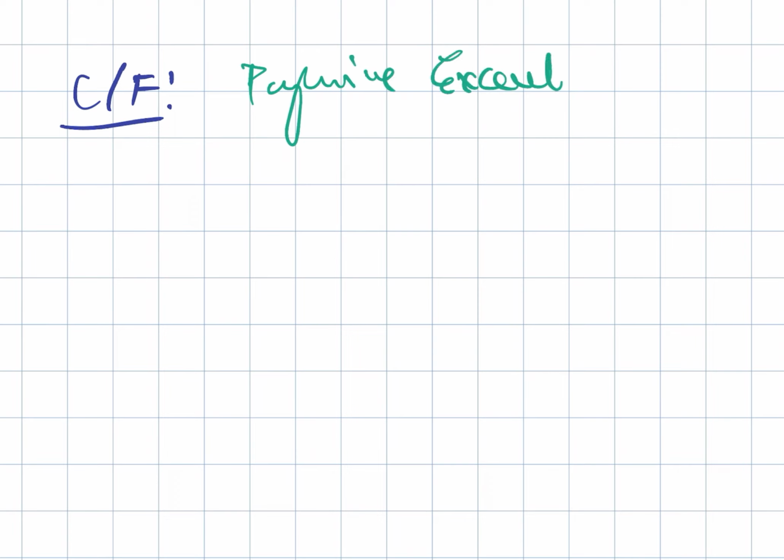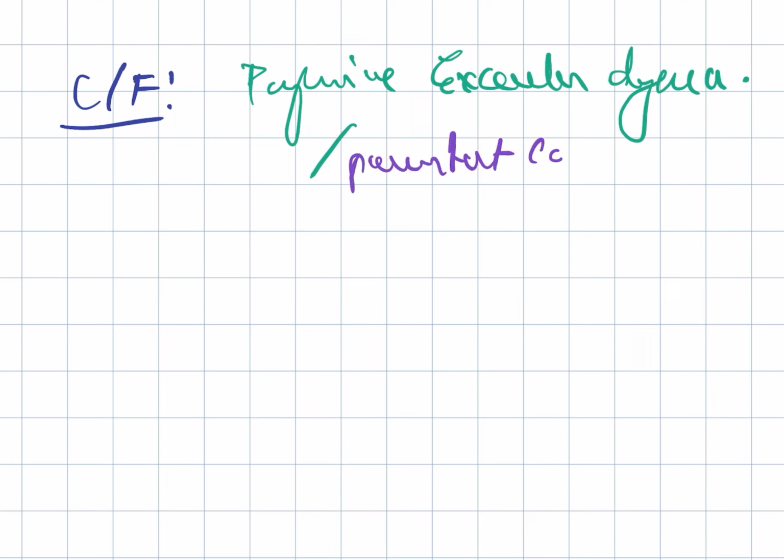Next, we are going to look at the clinical features or the clinical presentations. It includes the progressive exertional dyspnea or presence of persistent cough, and this is persistent dry cough.